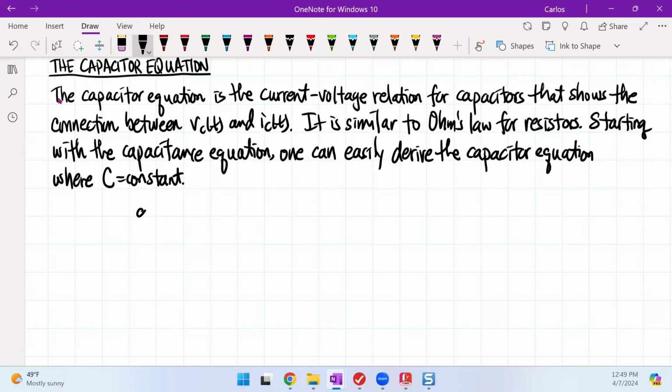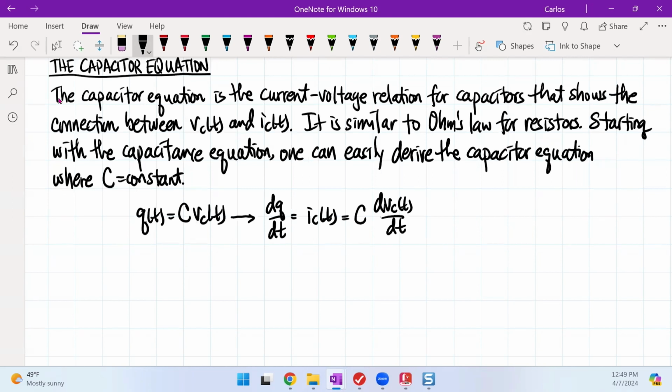So I have that Q of t is equal to C VC of t. But now if I take the derivative of both sides, that automatically gives me the current of the capacitor, which should be C dV of t over dt.